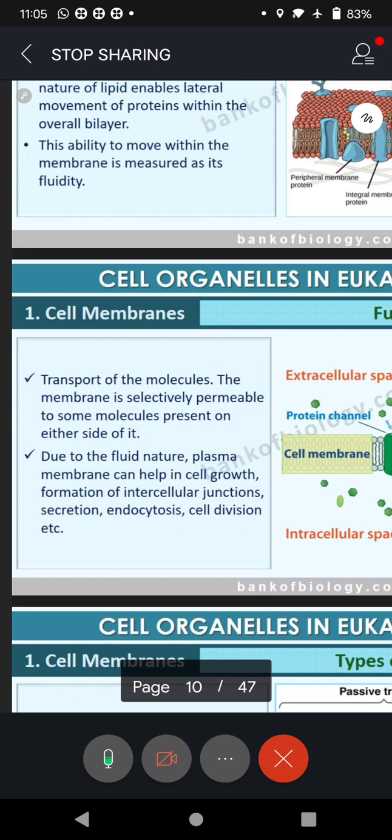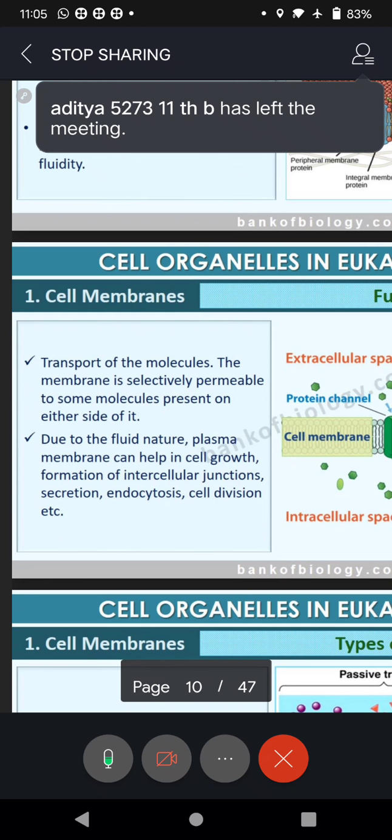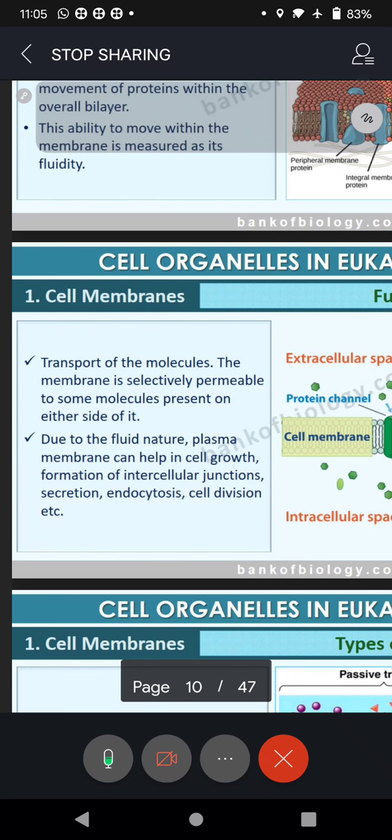Suppose a dangerous bacteria wants to enter inside, it filters it out. So it's a shield, a sort of screening shield. Transport of molecules is the main thing, and it is very, very selective, right? Both inward movement as well as outward movement will be filtered. And due to its fluid nature, the plasma membrane can help in cell growth and formation of intercellular junctions, in between two cells. It will form channels.